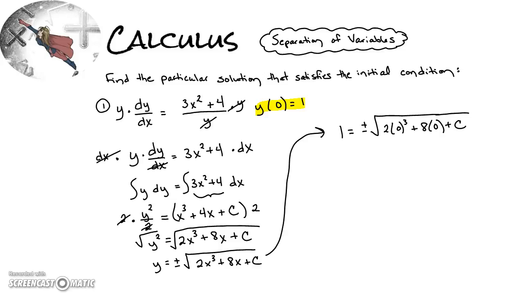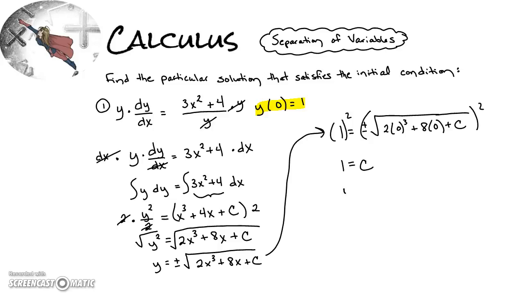All right, now I'm trying to solve for c, so I will square both sides. So that gives me 1 equals, and now all that's left on this side is just c, because squaring the radical, that cancels out, and squaring the positive or squaring the negative, that just becomes a positive in front of the c, so c equals 1.